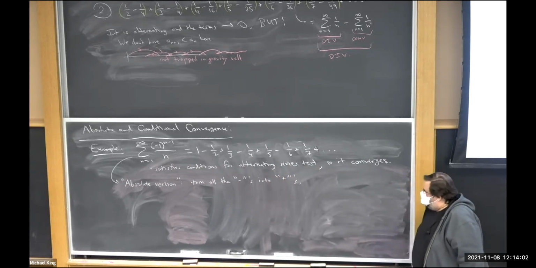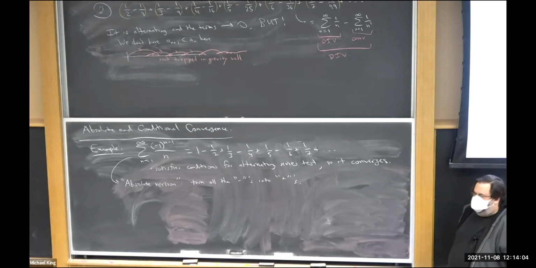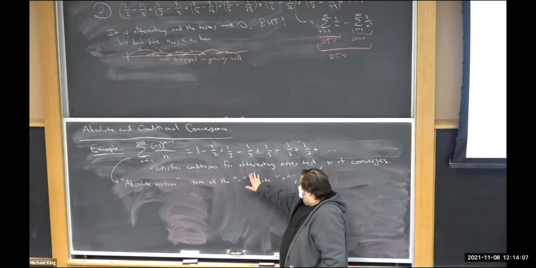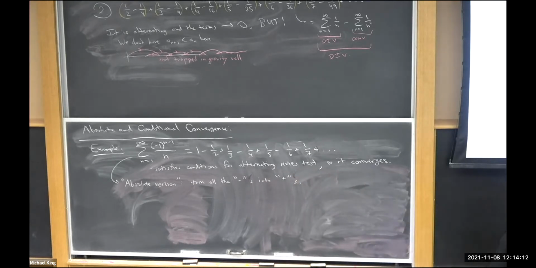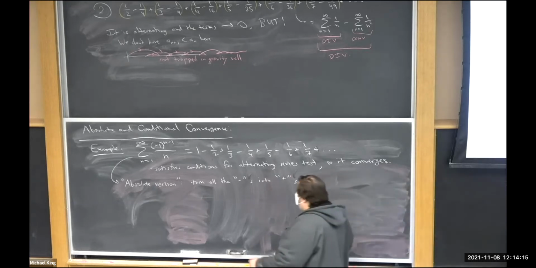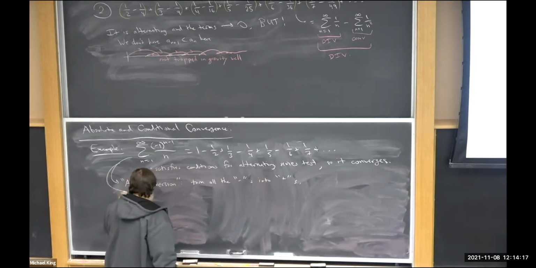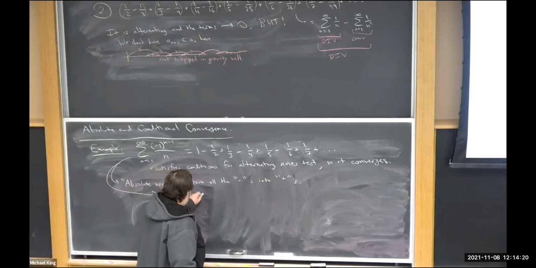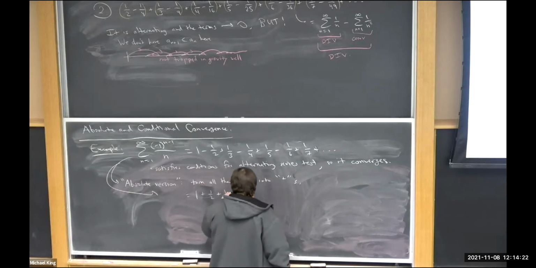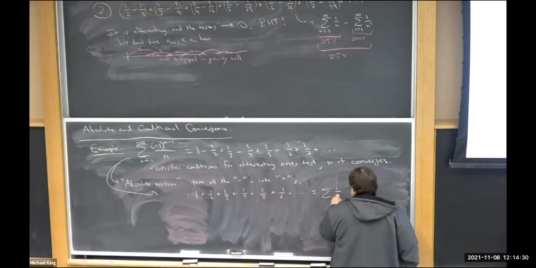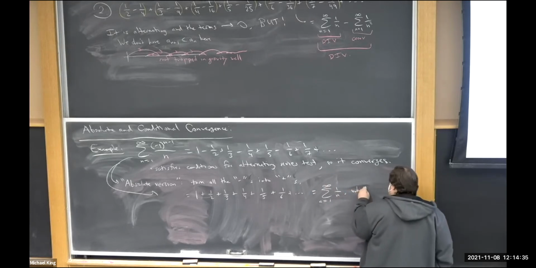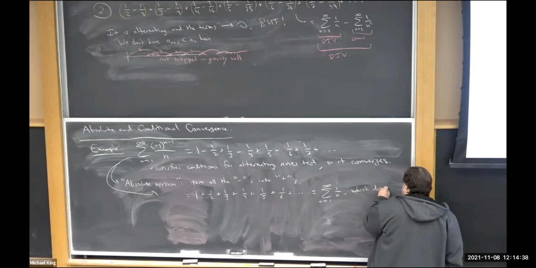So the absolute version of this series here is just 1 plus a half plus a third plus a quarter plus a fifth plus a sixth and so on. So that's the standard harmonic series, which we know diverges, right? This is not a finite sum.